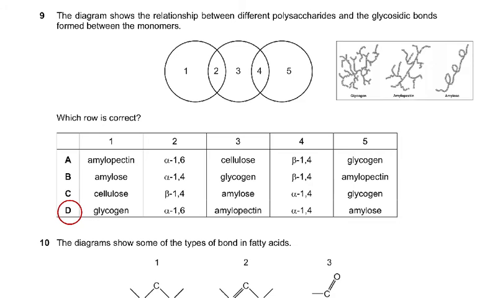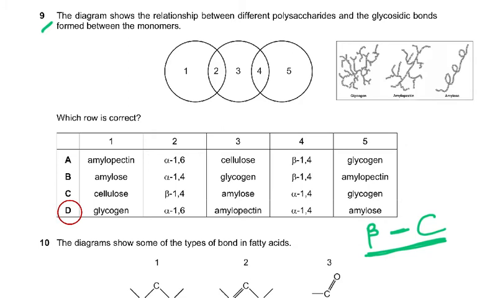Coming to question 9, the diagram shows the relationship between different polysaccharides and the glycosidic bonds formed between the monomers. And which row is correct? So it was amylopectin, amylose, cellulose, and glycogen. Of course, you know cellulose is beta glucose. So remember BC, before Christ.